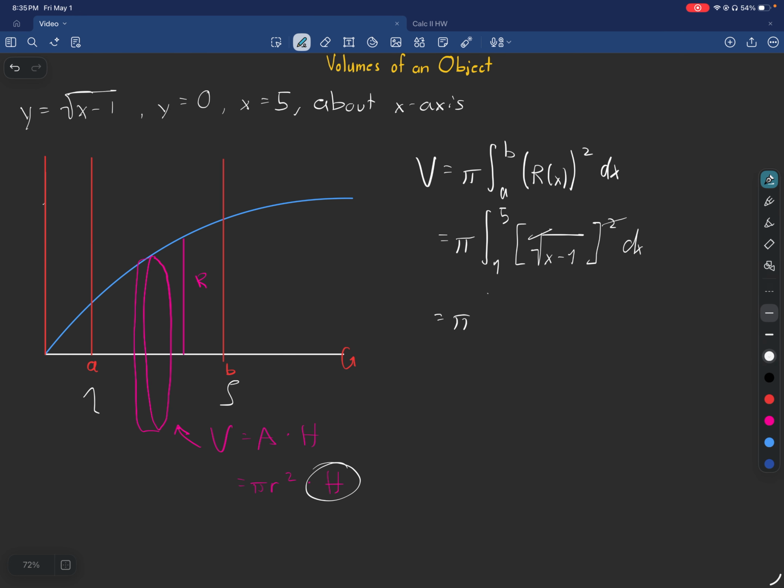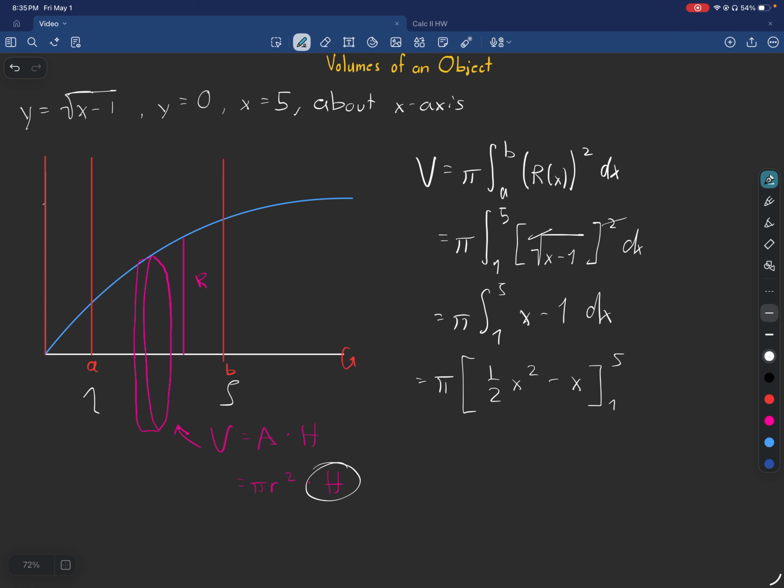Oh, getting a little ahead of myself. Our integral looking like this now. And from here, it's just basic integration. You get pi times half x squared minus x from 1 to 5.